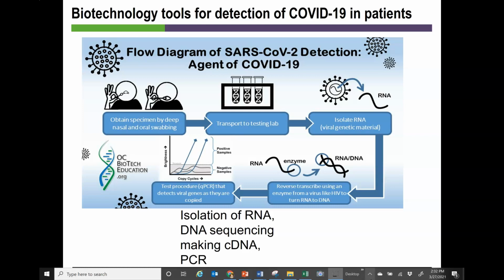The lab technicians take the viral genetic material, they convert it to DNA using reverse transcriptase, and then we're going to do a specialized version of a test called polymerase chain reaction, or PCR. In this specialized version of PCR, you're able to detect the samples as they're being amplified, as shown here.